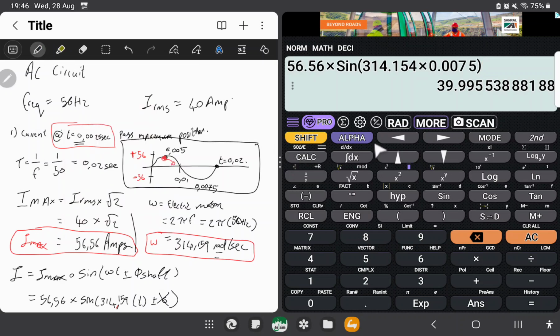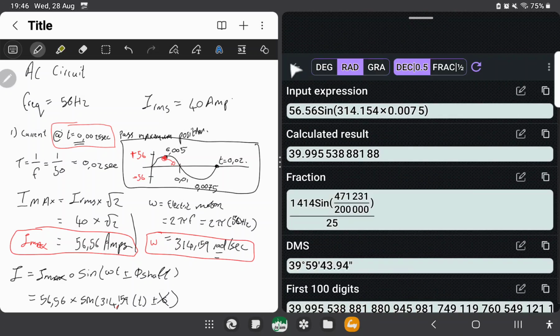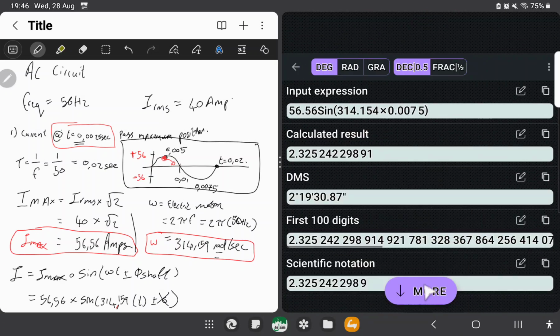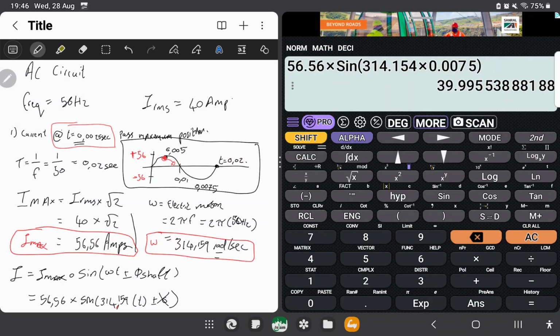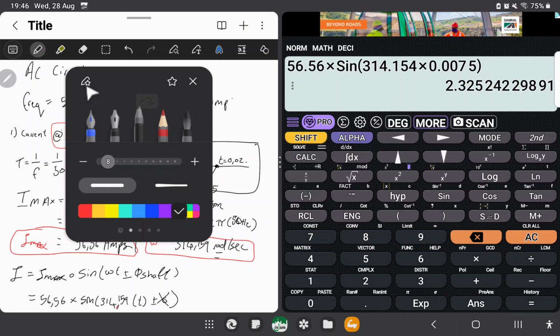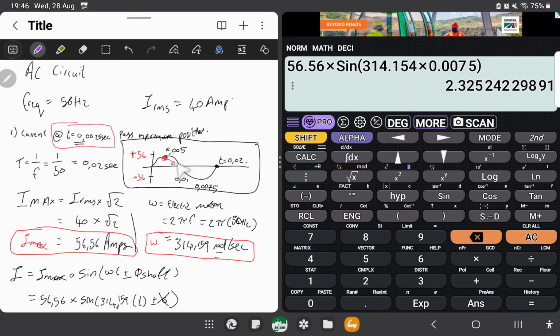Let me just close. Okay, so you see this, right? If we click on more, click degrees, close the thing, equals, you see it giving us 2.325, right? So when we come to our graph, we can see that at 0.025 seconds or 0.075 seconds, it is at this position over here, by estimation.